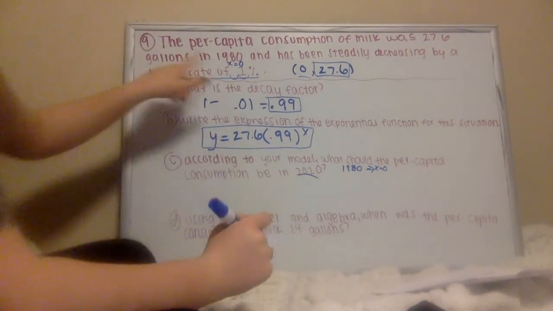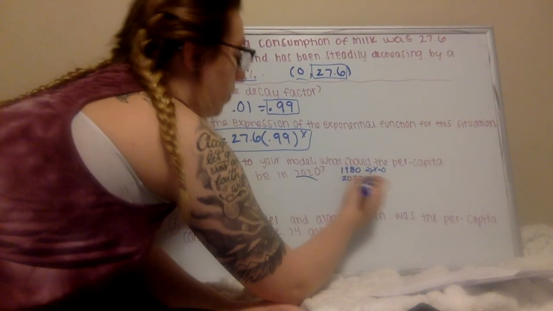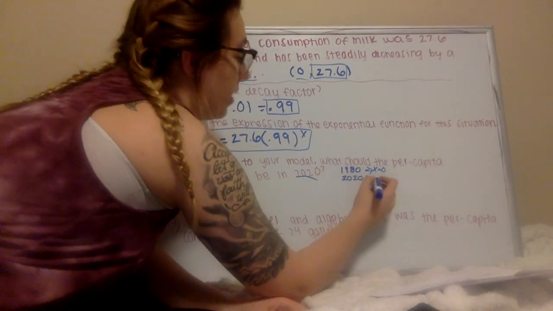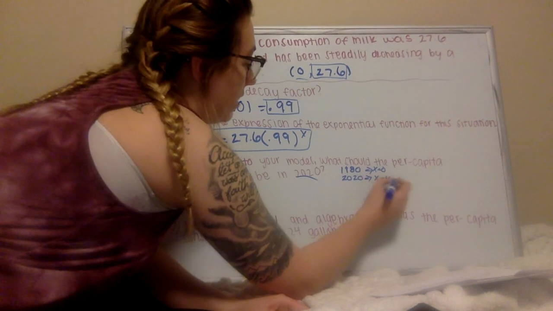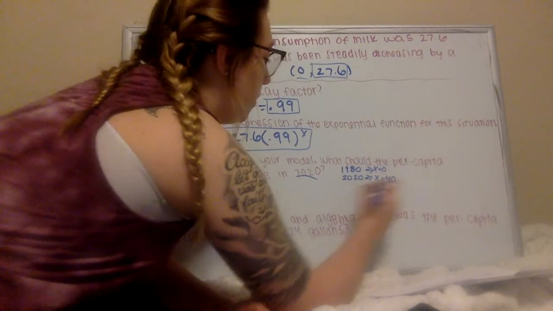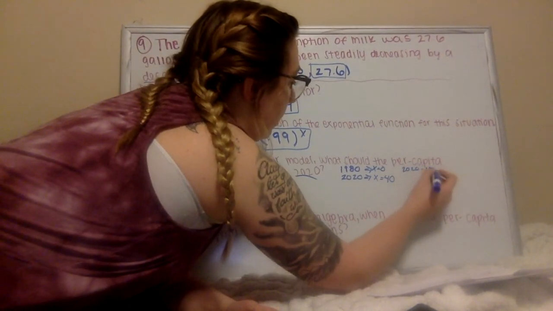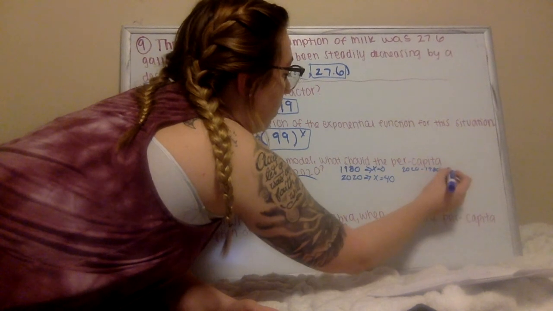So the year 2020 is 40 years later. So this is x equals 40. We're going to be plugging in x equals 40 and solving for our y. You could also do that by just doing 2020 minus 1980, and that gives you 40.